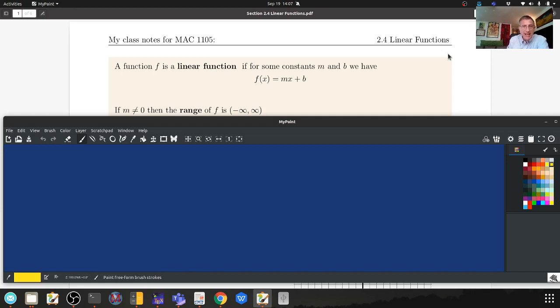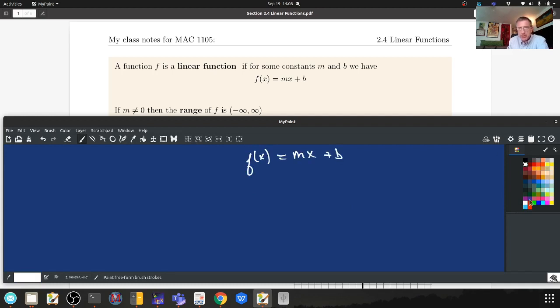A function f is a linear function if for some constants m and b we have f of x equals mx plus b.